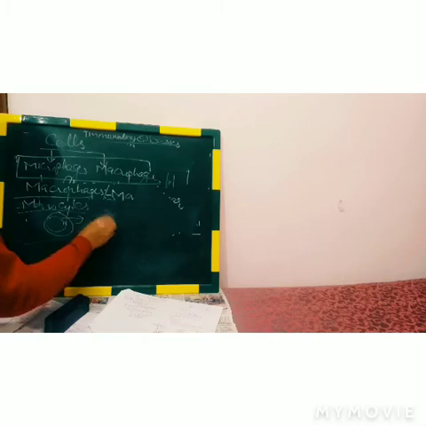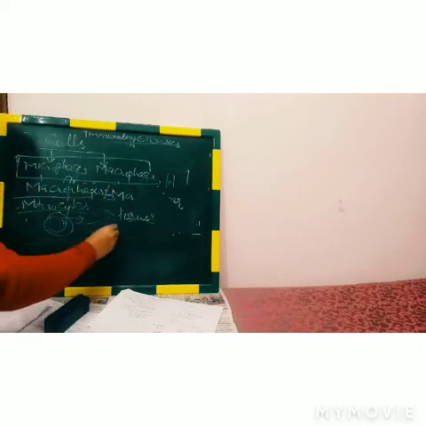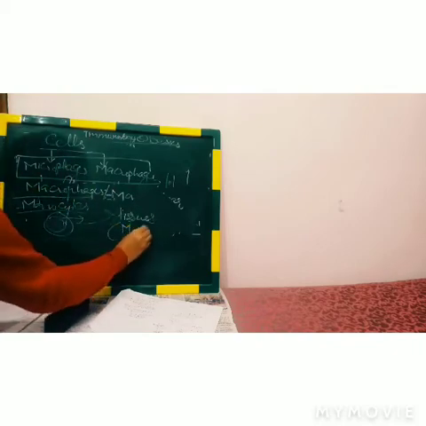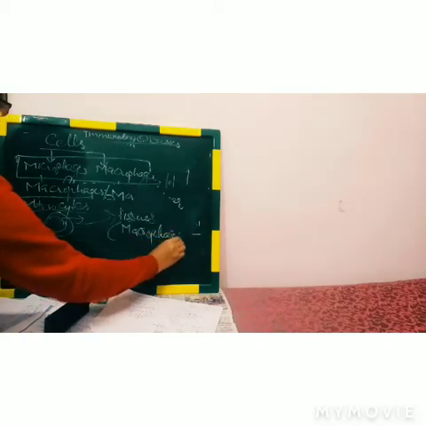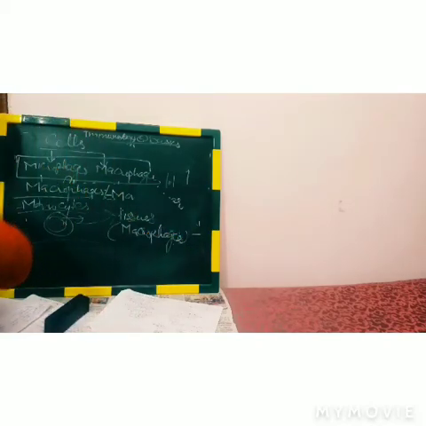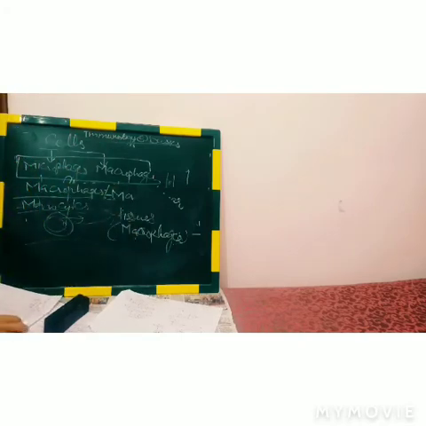Suppose this is the monocyte. They leave the blood and get into the tissues, where they get converted into macrophages. And macrophages are the cells which are ready to attack the pathogens.